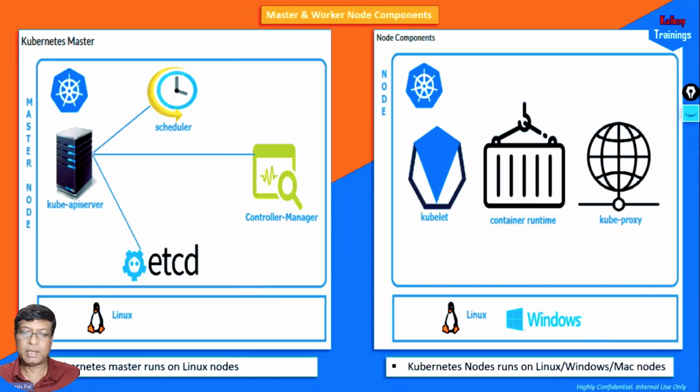Now the same thing, generally you will never go for a Kubernetes master other than Linux. That is on a Linux machine, on a cloud or wherever on premise, doesn't matter. You will implement a Kubernetes cluster.